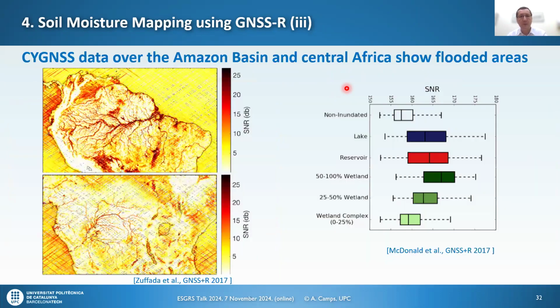Okay, other examples of use of data. This is from the NASA CYGNSS mission. It's a constellation of 8 microsatellites, and they have been able to see for the first time, because this was never seen before with this level of detail, all the tributaries of the Amazon or the Congo River, because of the forward scattering.